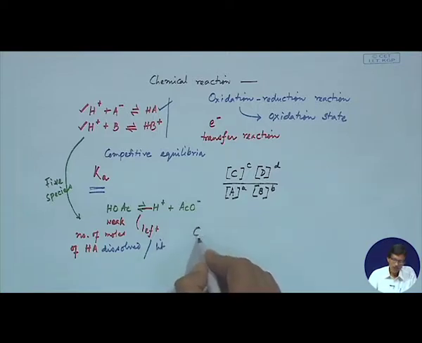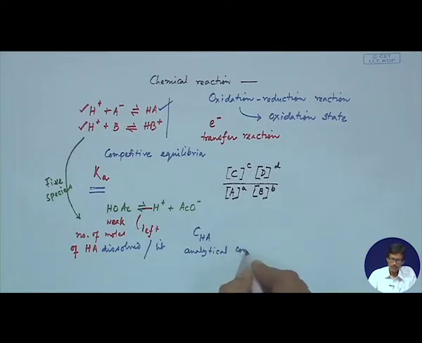So, we will get at some point the C HA, which is nothing but your analytical concentration, which we are interested to determine. So, how do we determine this particular one?